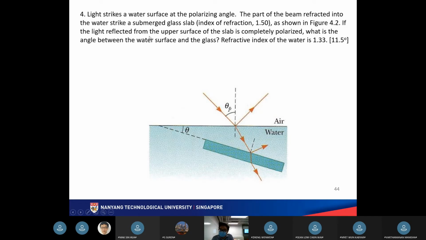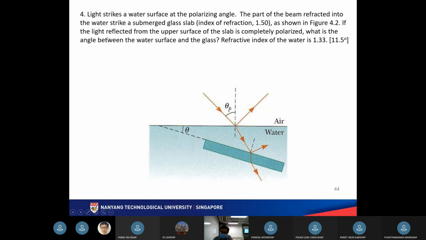If the reflected light from the upper surface is completely polarized, what is the angle between the water surface and the sun? What is this angle theta here? The first angle is a Brewster angle. We can quickly use the Brewster effect to find out what theta p is.